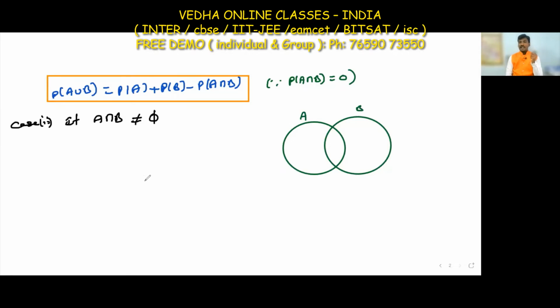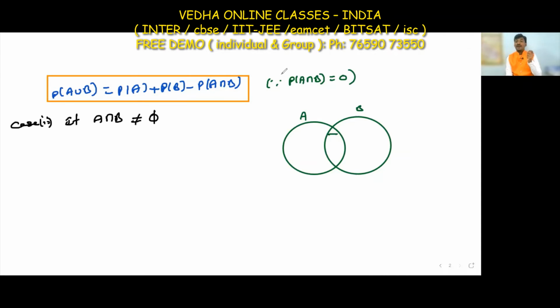Now A union B is the combination of A as well as B, but the common part we calculate twice. Whenever we consider A, we take that area, and whenever we take B, we take that area again, so we are taking that area twice.